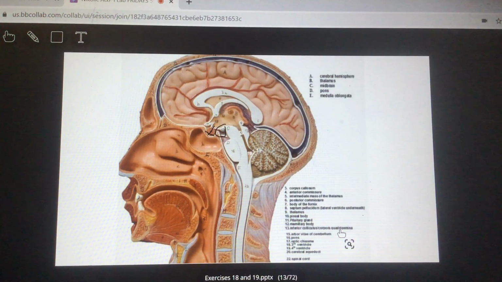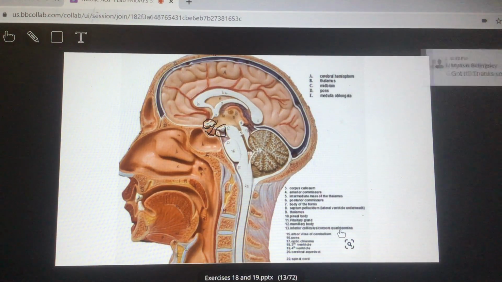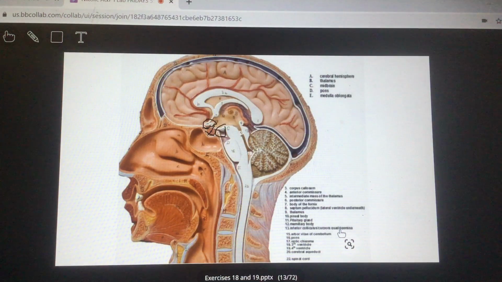And then superior to the pituitary gland is the optic chiasma. You got it, guys? Now, Shannon was like MM, midbrain, mammillary body. That's a good one as well, because the mammillary body is anterior to the midbrain. All right, awesome. Good job, guys.